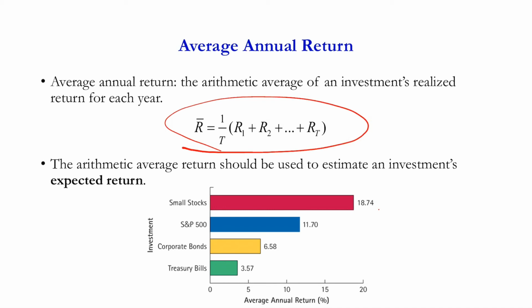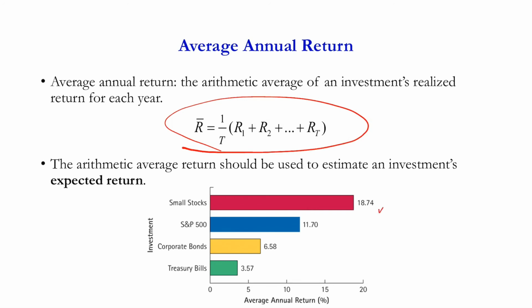So here in this figure, you see the average annual return for 4 different asset classes: a portfolio of small stocks, a portfolio of large stocks, including all 500 companies in the S&P 500, a portfolio of corporate bonds, and treasury bills. This graph shows results consistent with what we have seen in the previous video.